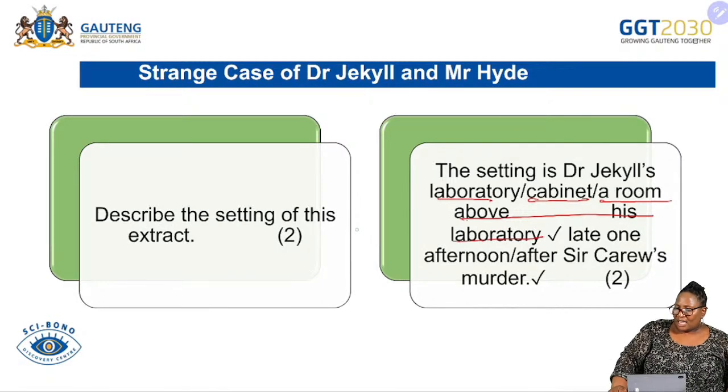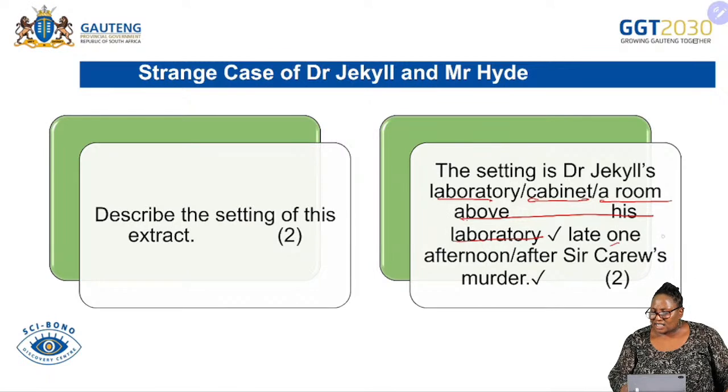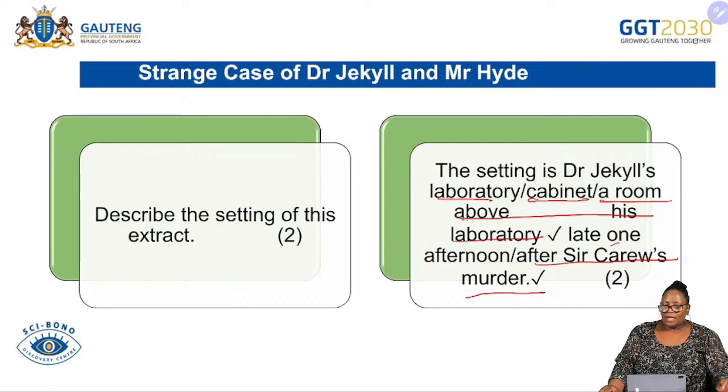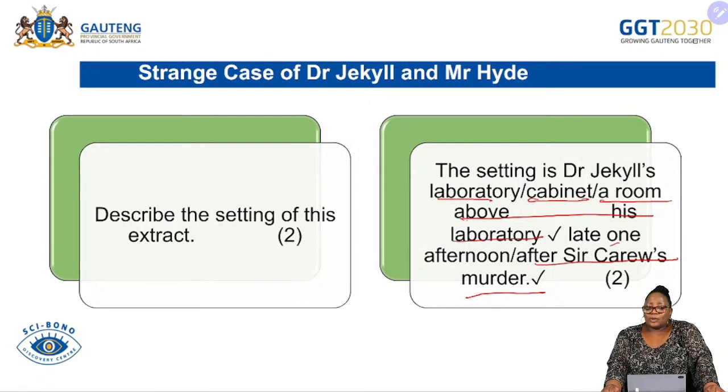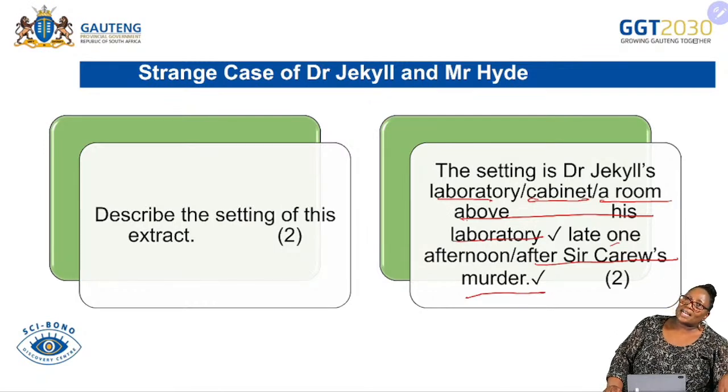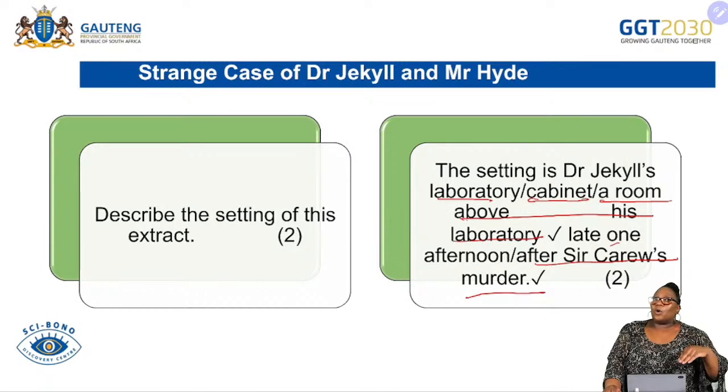The time? It was late one afternoon after Sir Carew's murder. And for that you get 2 marks. So you have in your bag 4 marks for the plot or the character matching column.